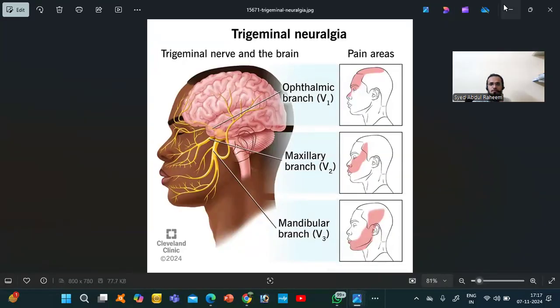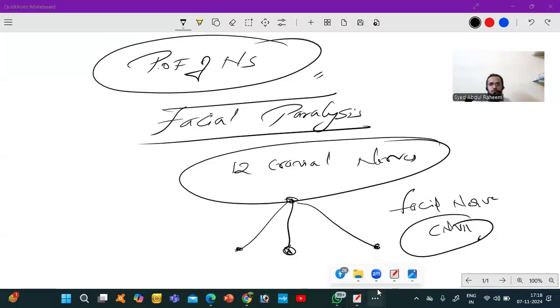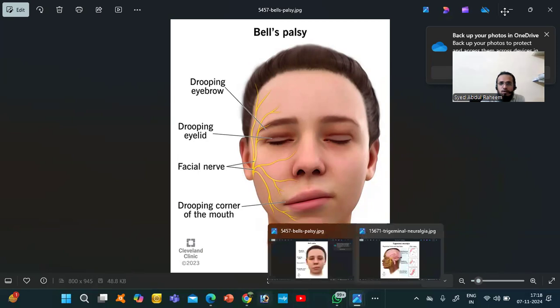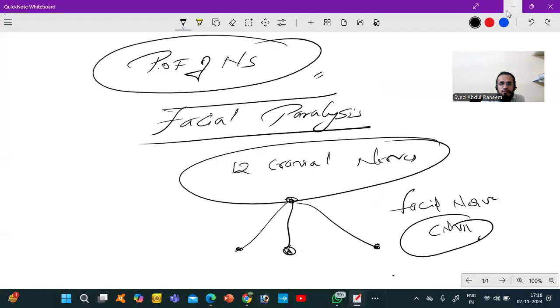Well, this is the trigeminal nerve, I want to differentiate. So this is the facial nerve. Okay, from where is it arriving? Basically, it is arriving from the stylomastoid foramen. Okay, so I will show you the picture also.